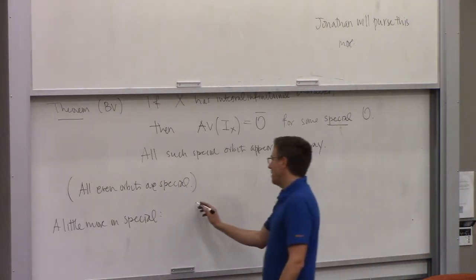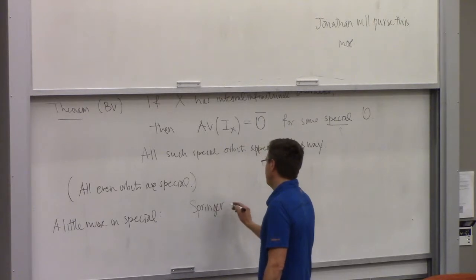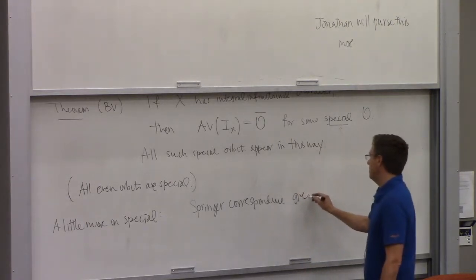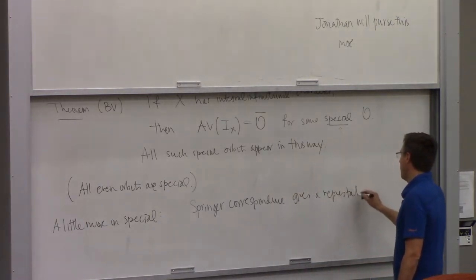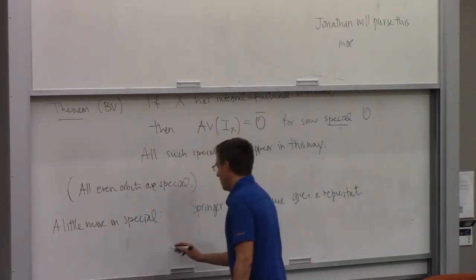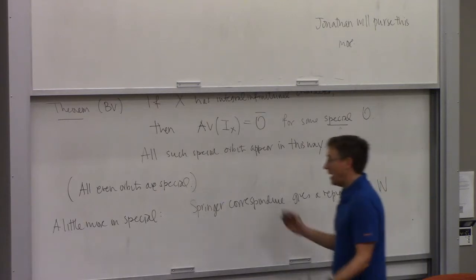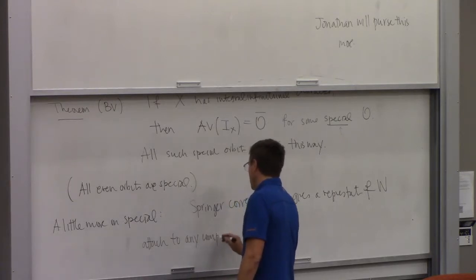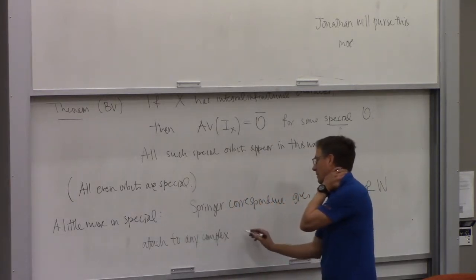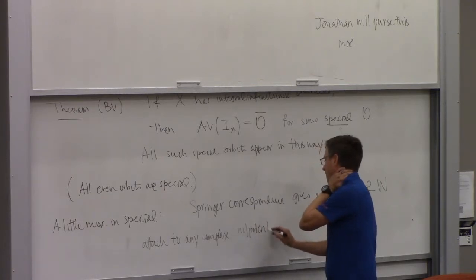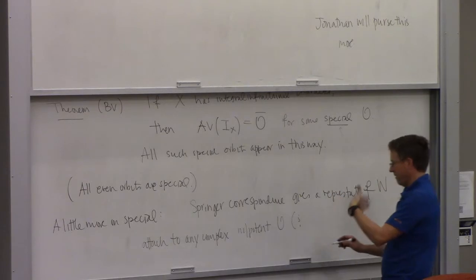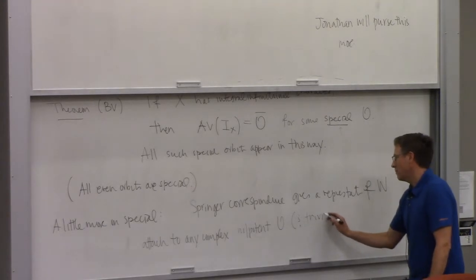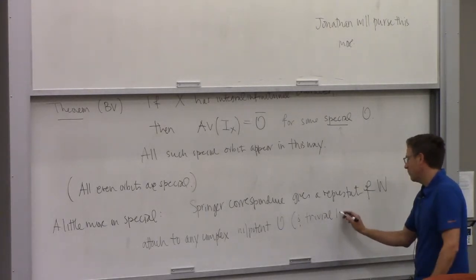The Springer correspondence gives you a representation of W attached to any complex nilpotent orbit O. I won't use all of the Springer correspondence, just the part corresponding to the trivial local system.